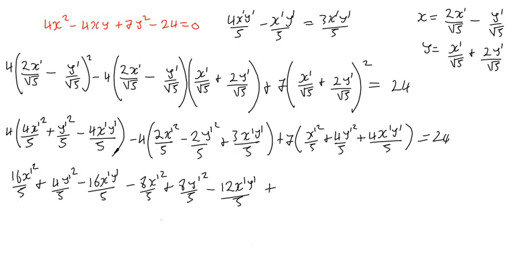Then that would be plus 7x prime squared divided by 5 plus, that's 7 by 4 is 28, y prime squared divided by 5. Then that would be plus 28 x prime y prime divided by 5 is equal to 24.